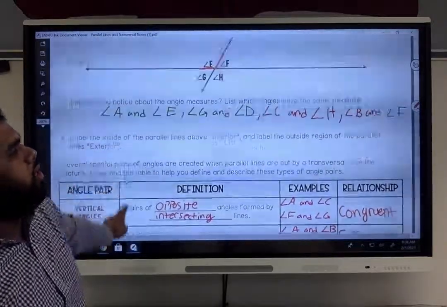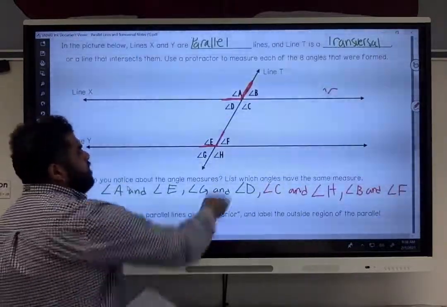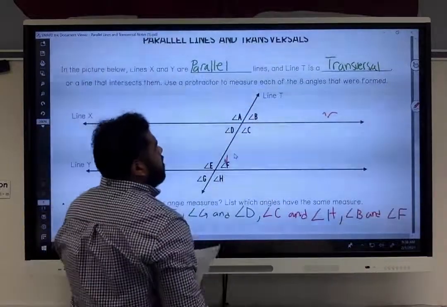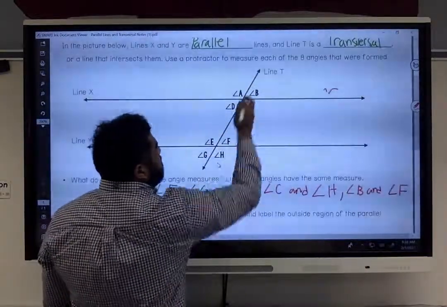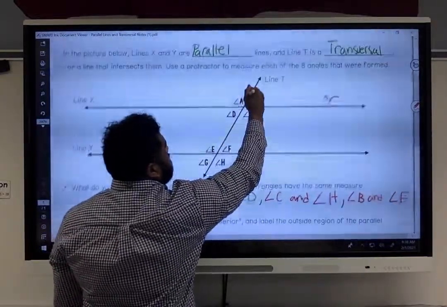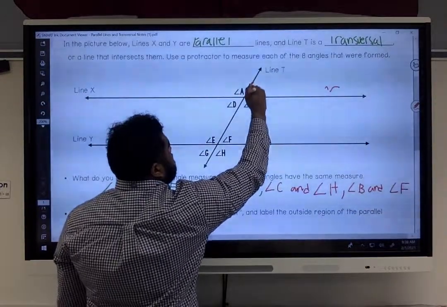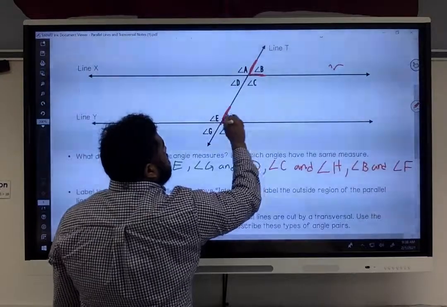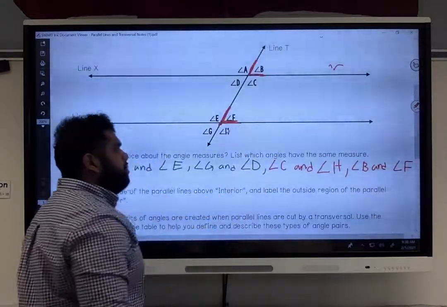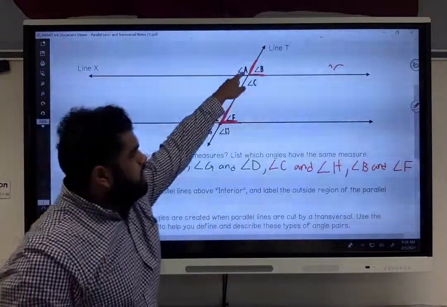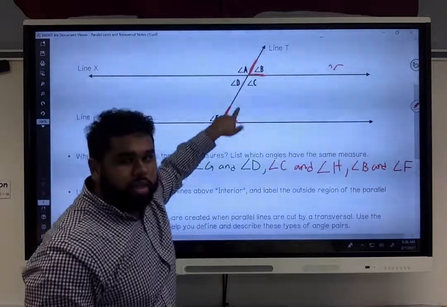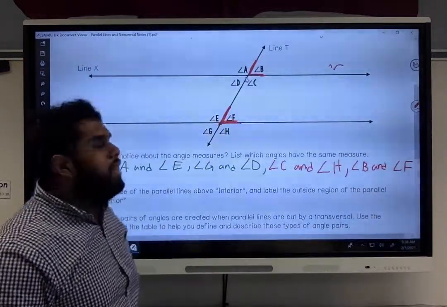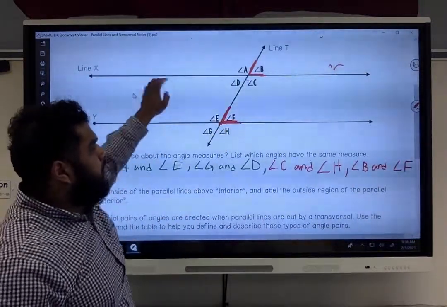Now let's look up here. Where else do we see that? What about angle B? Okay? So right here and angle F. Okay, so angle B and angle F, you see how they're the exact same angle that they create? Look at the red line. Now, are they on the same side? Yes, they are.